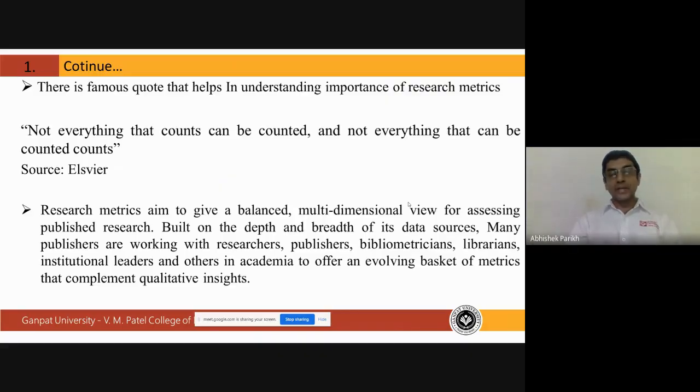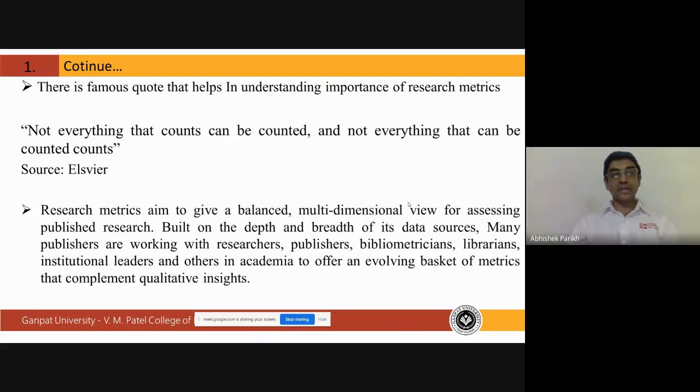Similarly, many faculty or industrialists are contributing a lot to the world of academia and industry, but that contribution may not necessarily be converted into publication. Hence, we need to use a balanced approach.